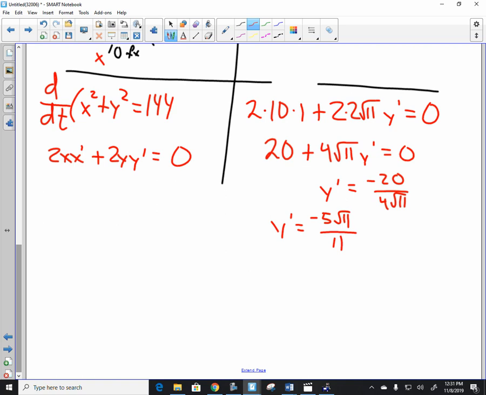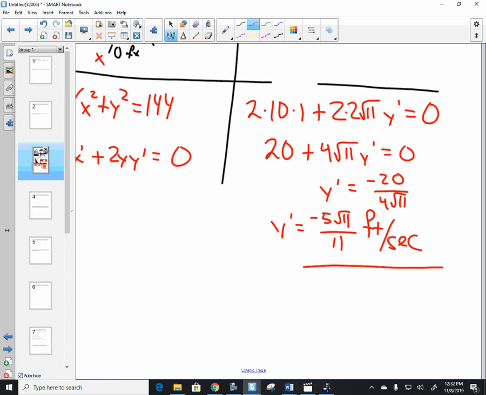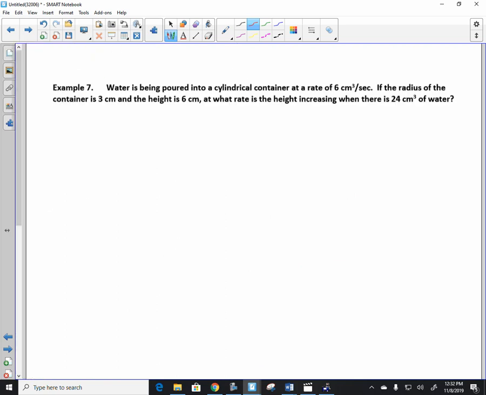And what is the label? Feet per second. Do you see the slight nuances? That's where it's so important to pay attention, folks, because on the test, you're going to have to rely on that. Good. You're doing well.